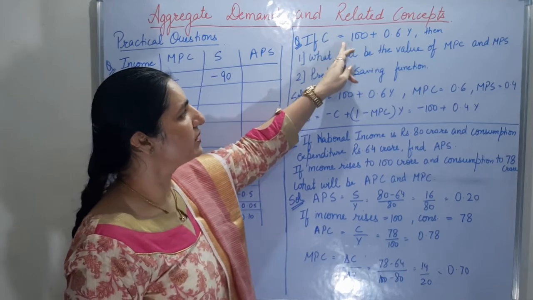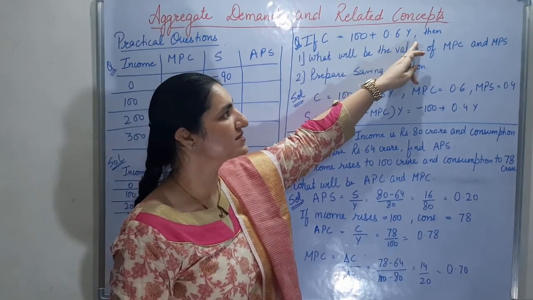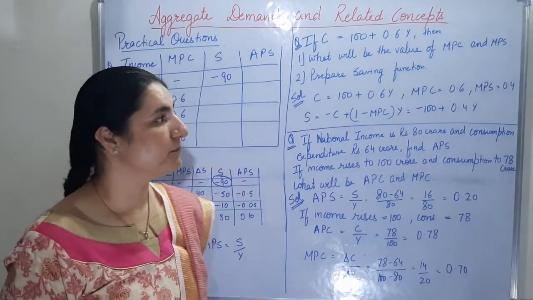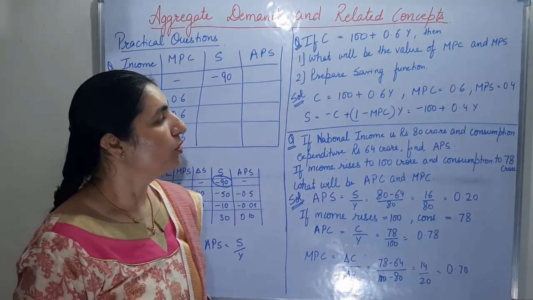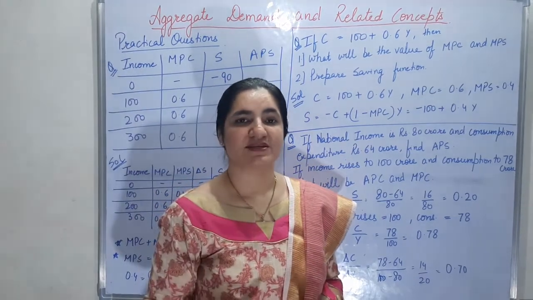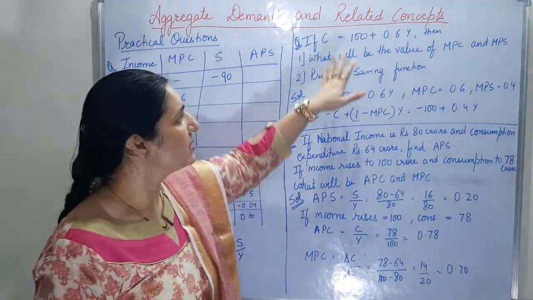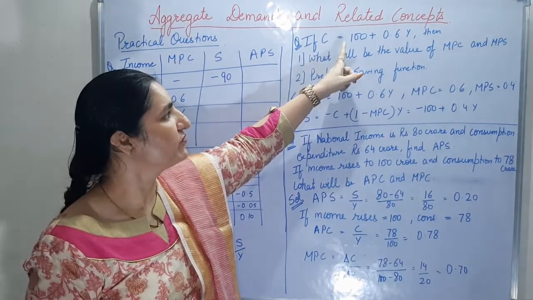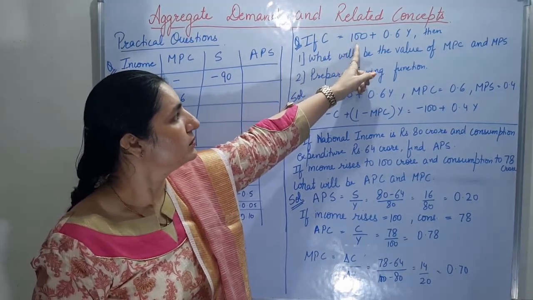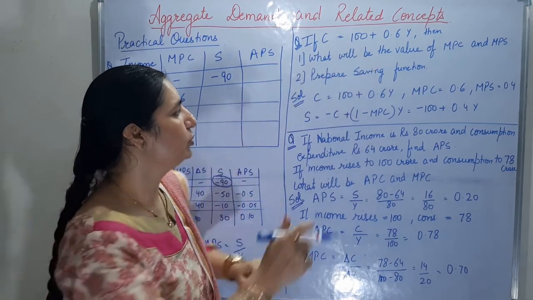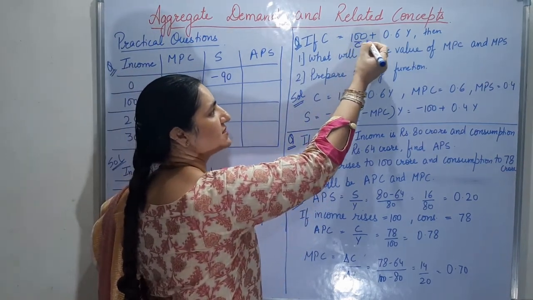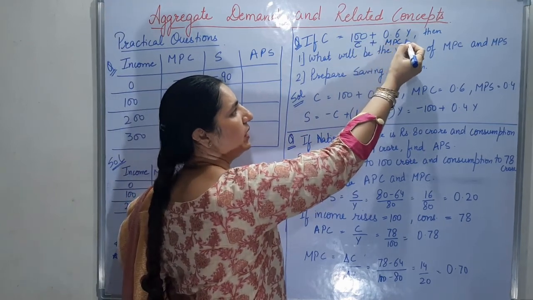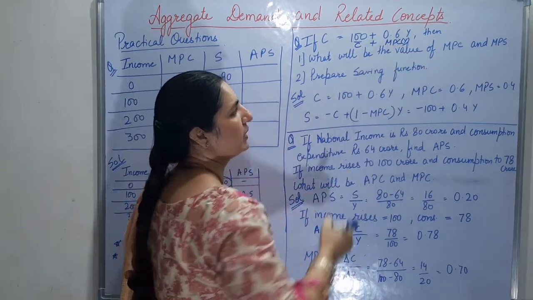if consumption is equal to 100 plus 0.6y, then what will be the value of MPC and MPS? We know MPC plus MPS is equal to 1, and in the consumption function, the consumption equation, we always apply first unit as autonomous consumption plus the value of MPC multiplied by y.